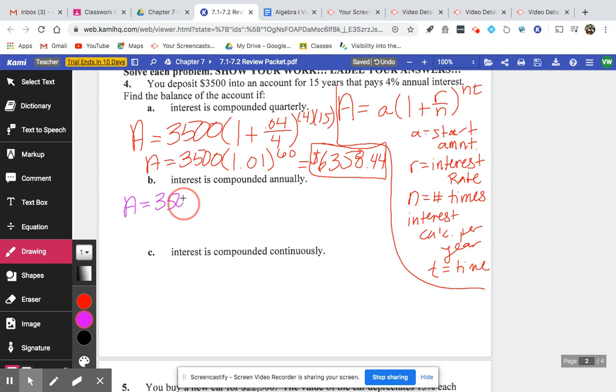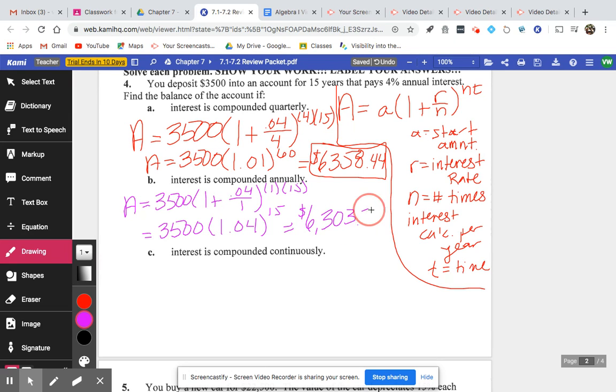So we got 3,500 times 1 plus 0.04 over 1 to the 1 times 15th power, which is 3,500 times 1.04 to the 15th power, which gets you right around $6,303.30.